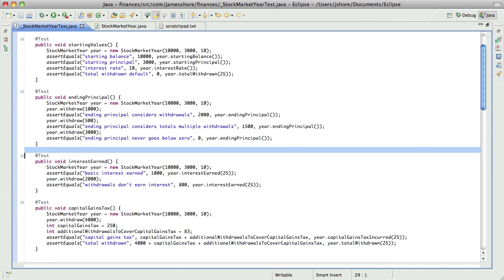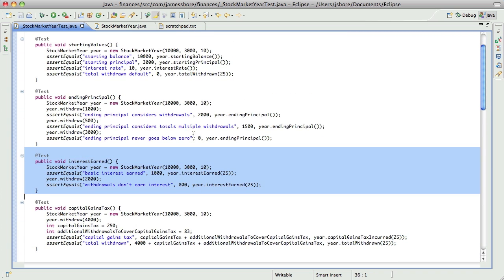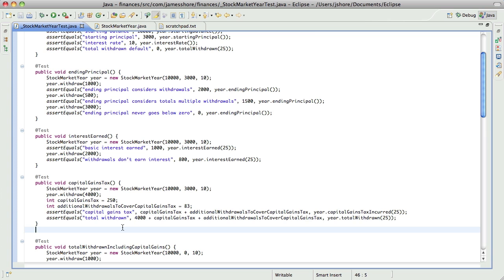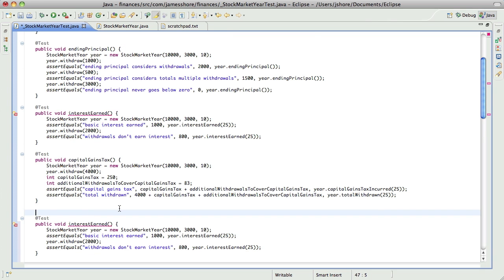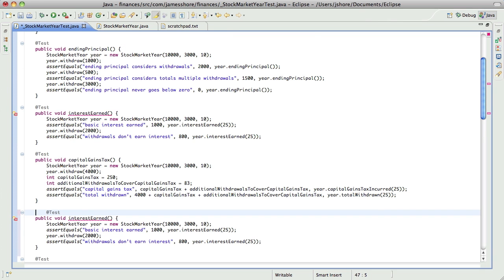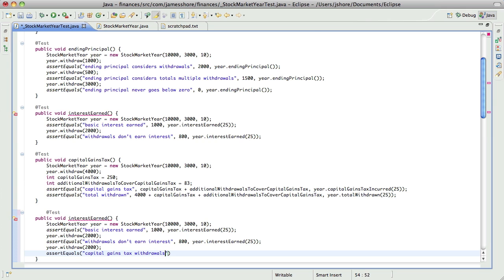Yeah, and now we can put this here and do this and say withdrawals don't earn interest, and then let's withdraw more, and we can say capital gains tax withdrawals don't earn interest.